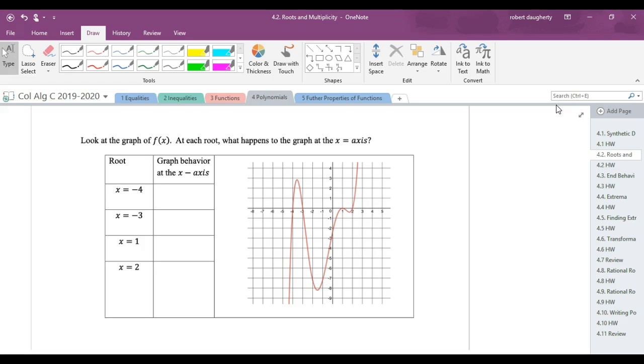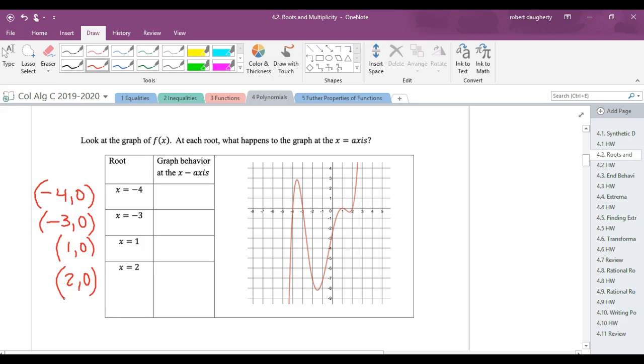So let's look at this polynomial. I didn't give you the equation, but the roots are at, so here's a root at negative 4. So I've got the points negative 4, 0. These are my x-intercepts: negative 4, 0, negative 3, 0, 1, 0, and 2, 0. So I want to know, what does it do at each of these points?